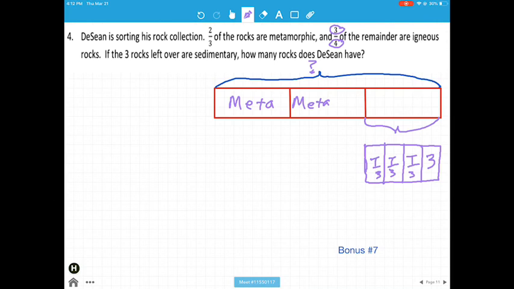So how much is that? 3 times 4, excuse me, which is equal to 12. Sometimes my brain goes faster. So if this is 12, then what's the metamorphic here? 12. What's here? 12. And you would be able to get 12 times 3, and that's going to get you 36.